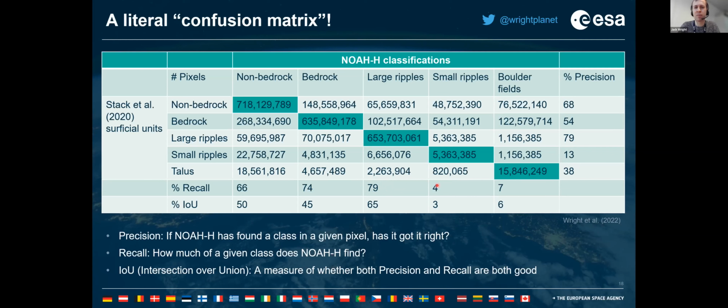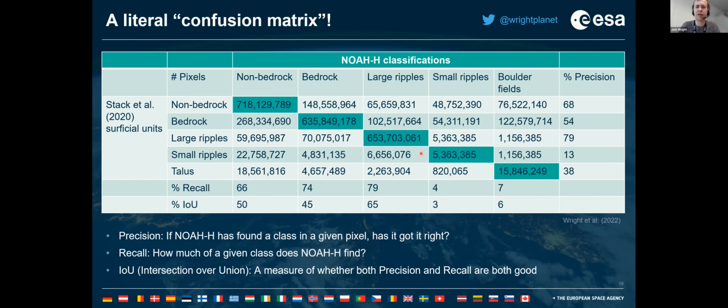There are classes that perform less well, obviously. So for example, I said about the talus slopes. Stack et al. classified talus slopes. We were classifying boulders. There's not a one-to-one correspondence there, which explains the poorer precision and recall for these classes. But that's not important. That's a misclassification that we can understand.